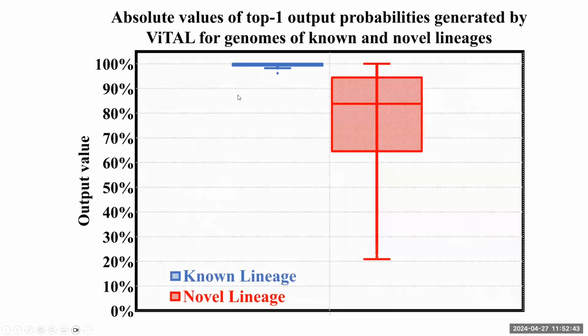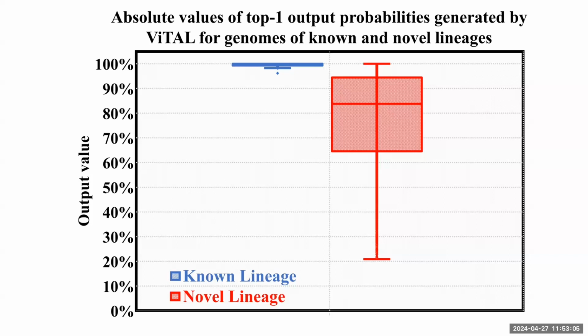What we get is this. If we feed the model a lineage that it was trained on, the output probability of the model is almost 100%, in the neighborhood of 95 to 100%.